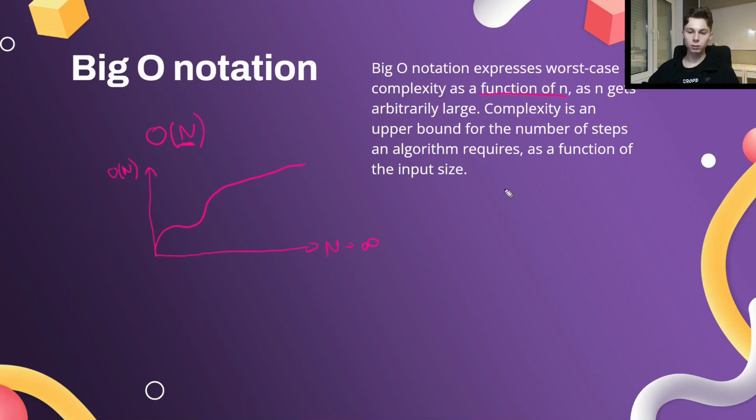Complexity is an upper bound for the number of steps an algorithm requires as a function of the input size.